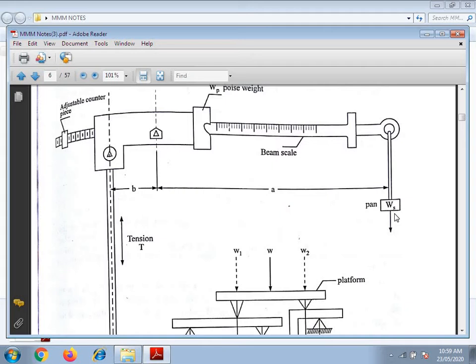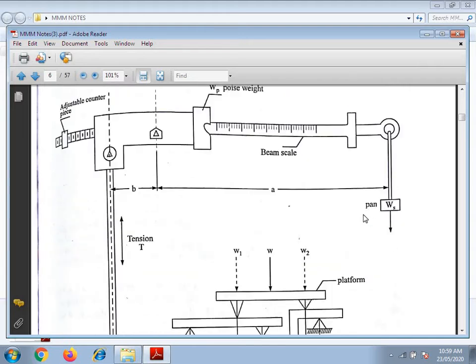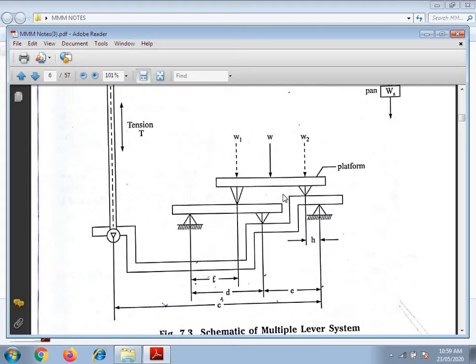Okay. Then, if it is correctly balanced, one can measure the weight. So this is the only concept of this one, and we can go for the next.